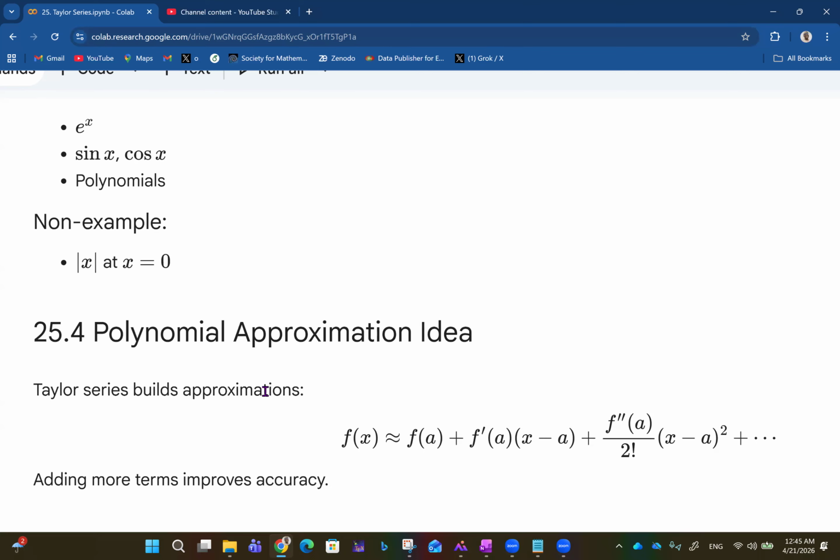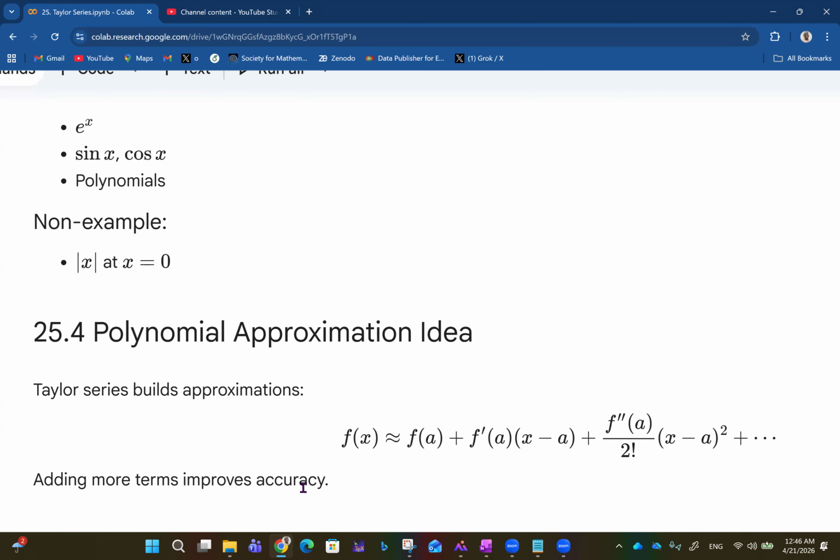So the Taylor series builds approximations like f of x is approximately f of a plus f prime of a times x minus a plus f double prime of a over 2 factorial times x minus a squared, and so on and so forth. Adding more terms improves accuracy.